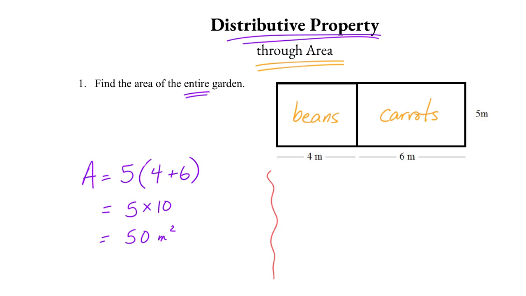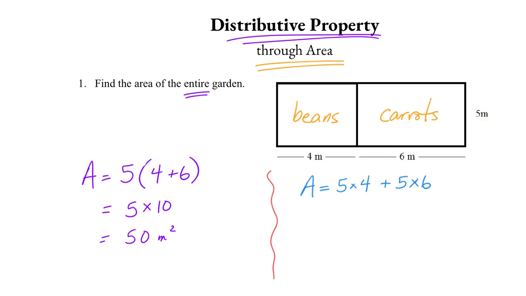Okay, on the right side of that wavy line, I'm going to get down an alternate solution. What if I calculated the entire area by adding together the two smaller areas? That is, what if I viewed that as a composite figure? Well, I could say the area was 5 times 4 for the beans, plus 5 by 6 for the carrots.